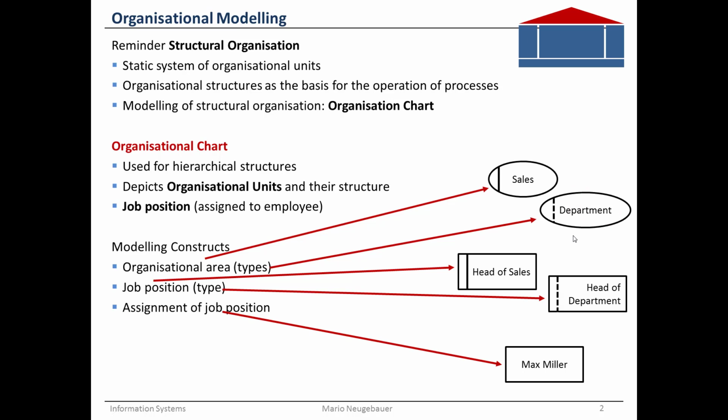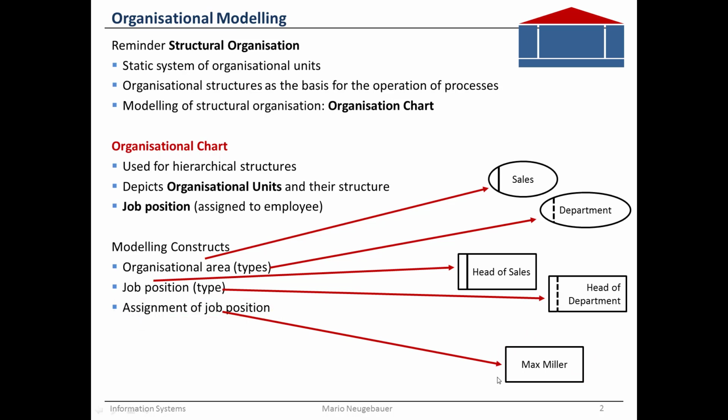And then if you can name a special person, one particular person who is responsible for this job position, then you would write the name in a rectangle like here.